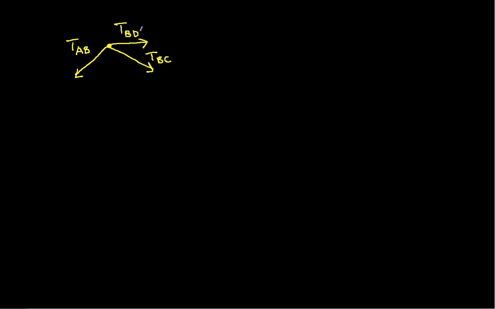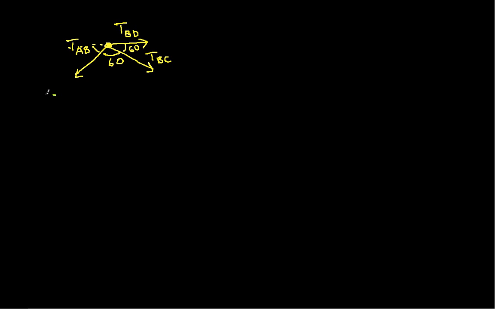These are forces. Their magnitudes are unknown. We know their directions because we know the directions of the members. And again, we know that the angles here are 60, 60, even though I haven't drawn it very well, and 60.